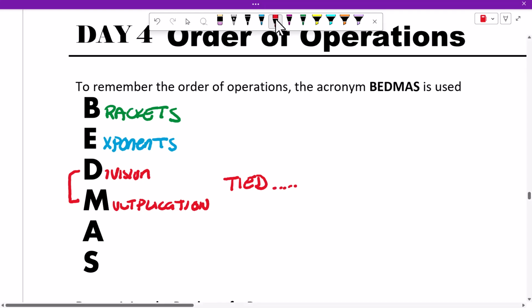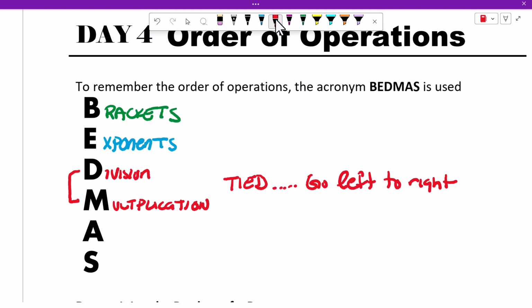Tied. Go left to right. And the way I tell students to help remember that, it's just the same way you read a book. You read a book from a page left to right. So naturally you go from left to right. So whatever showed up first, that's the one you're going to do for division and multiplication.